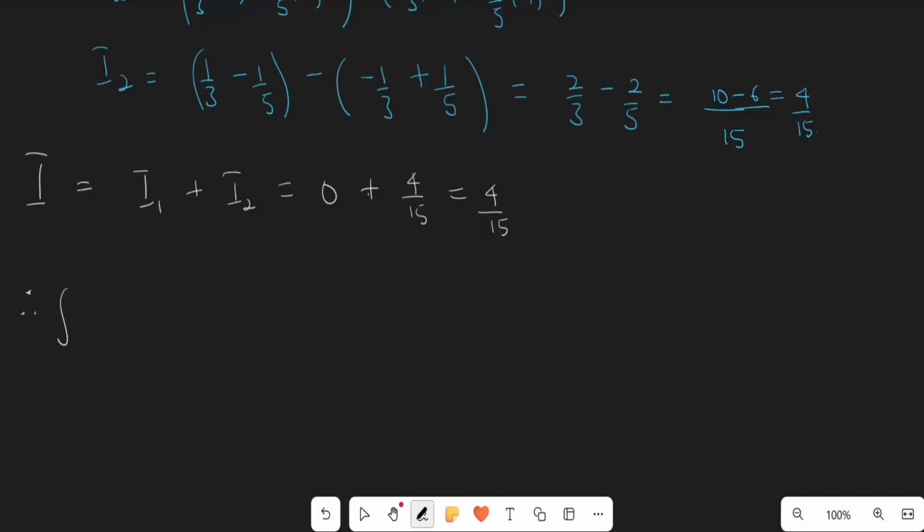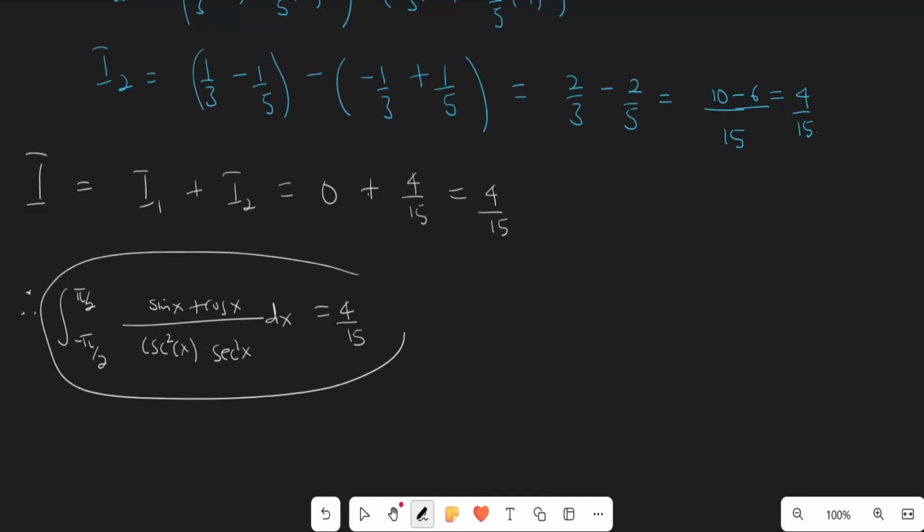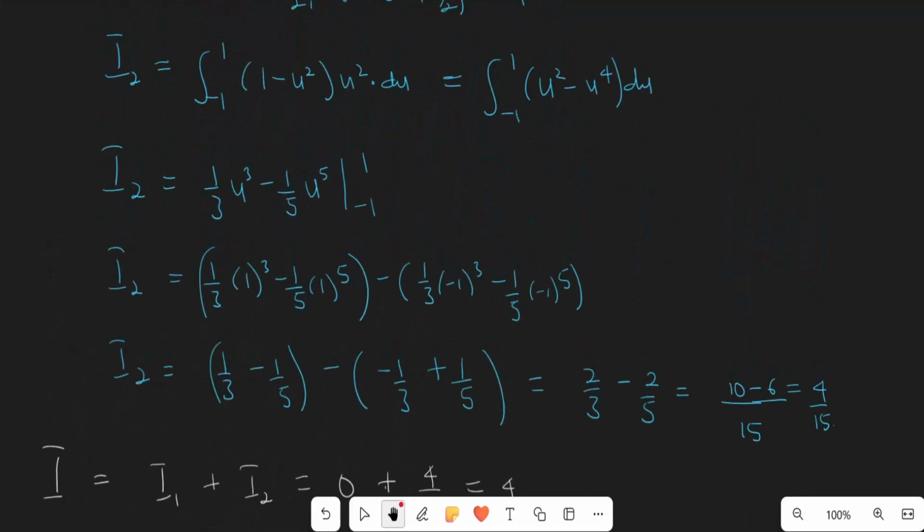Therefore, if we integrate from negative pi over 2 to positive pi over 2 of sine of x plus cosine of x all over cosecant square of x times the secant square of x dx, this one evaluates to 4 over 15. This is the value of our beautiful integral.